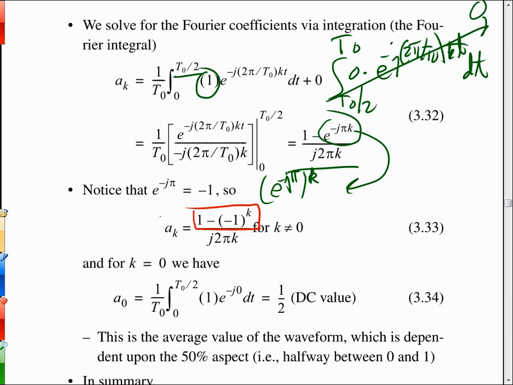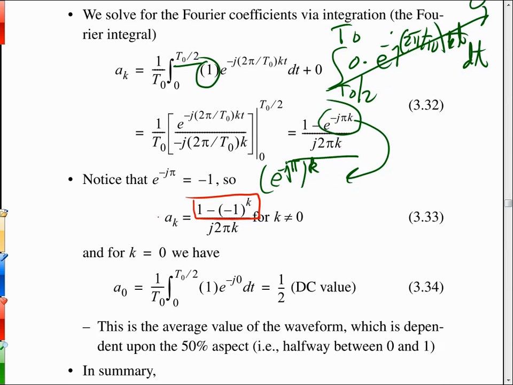And then along the way, we can also notice that when k is equal to 0, which this term does not handle without using L'Hopital's rule, we can just take k equal to 0 as a special case. Then we get just this integral right here, which is the average value, or the A0 term, and that's just going to be equal to 1/2.